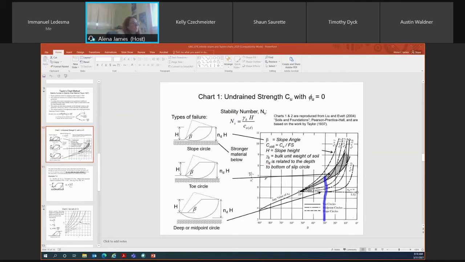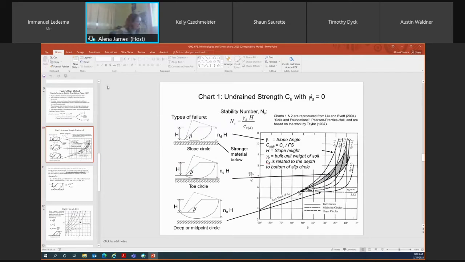And we'll work through the process of what these NS values and ND values mean. The way you calculate your ND value, I'll show you in the next example problem.